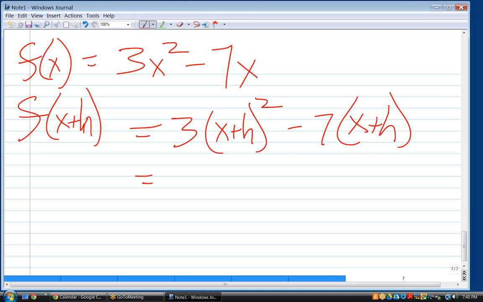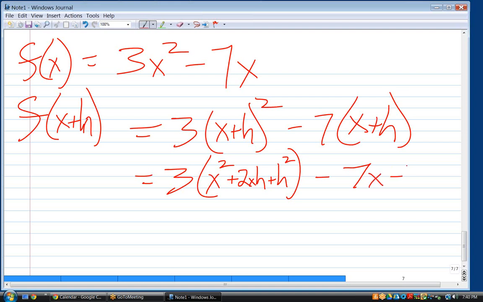Let's simplify this. Square that: x squared plus 2xh plus h squared. Plus 2xh, that is, and then minus 7x minus 7h.